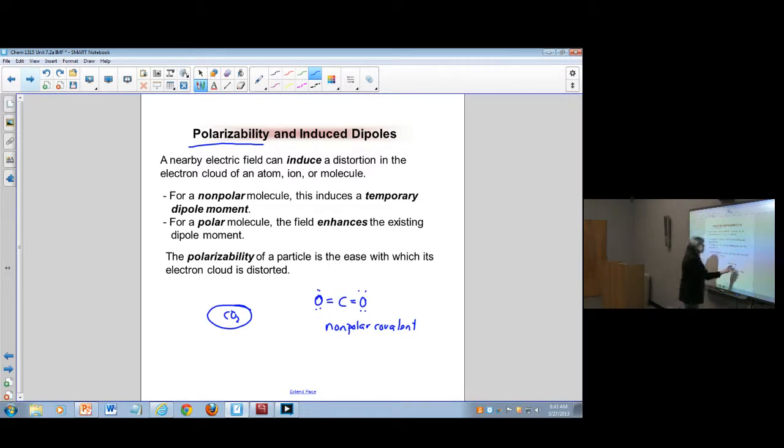They don't ever stop. We can't really decide where they are, but we can make some predictions, remember, about where we think they might be. But they move constantly. They're always moving around. The ones in the bonds, they pretty much stay where they are, but they can still be induced. So what happens is, if you get something nearby that's charged, you can induce a charge in this carbon dioxide.